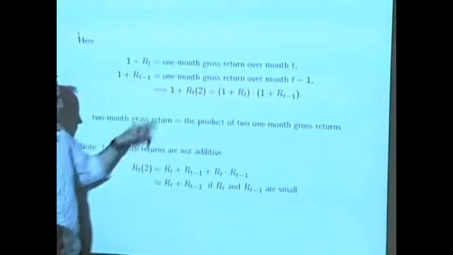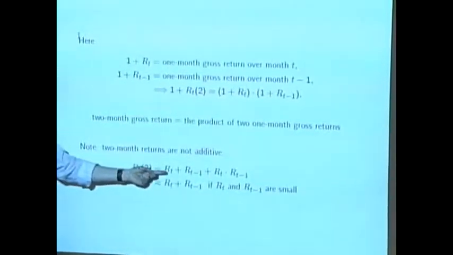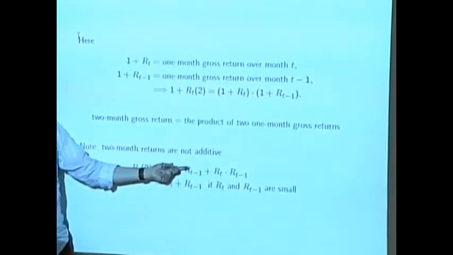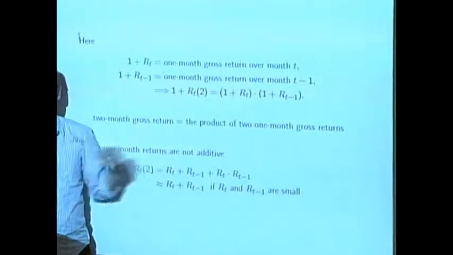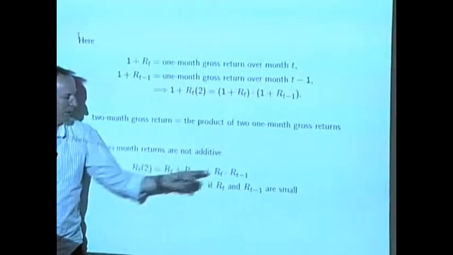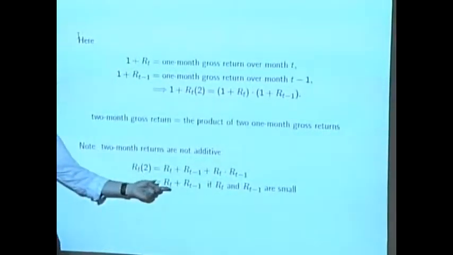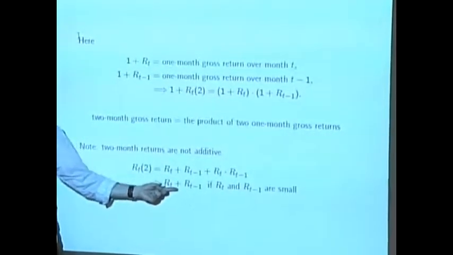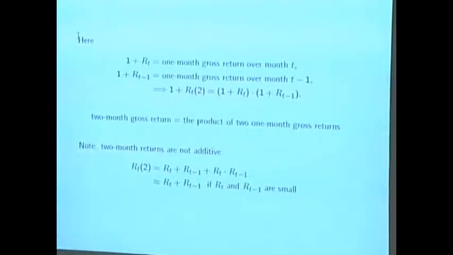The 1s cancel, so the 2-month return is the sum of the 2 1-month returns plus this cross-product term. And now if this cross-product term is small, then the 2-month return is approximately the sum of the 2 1-month returns. So it's almost additive, but not quite.